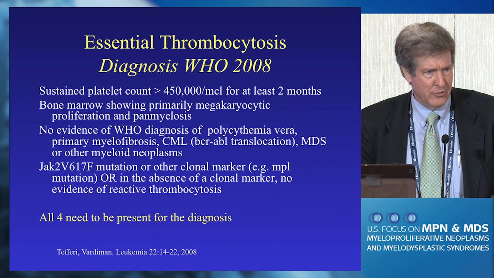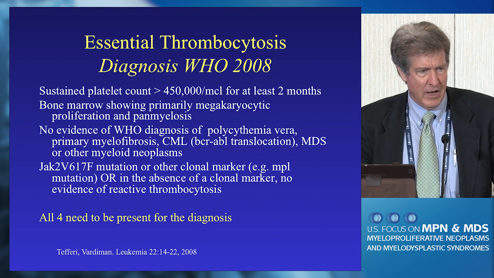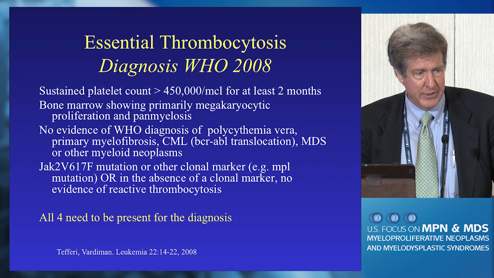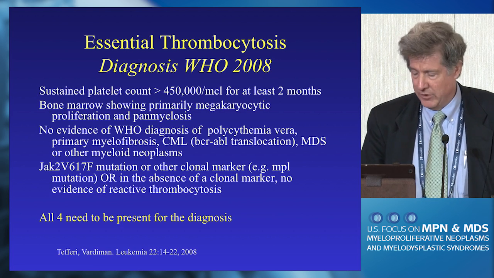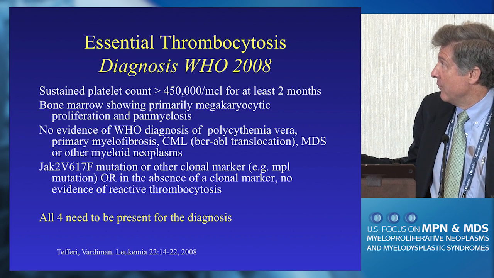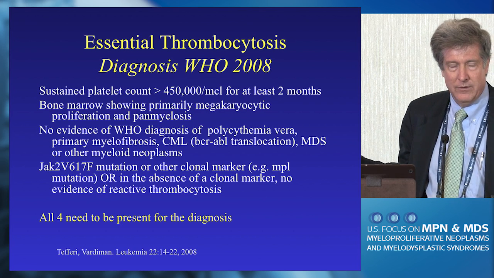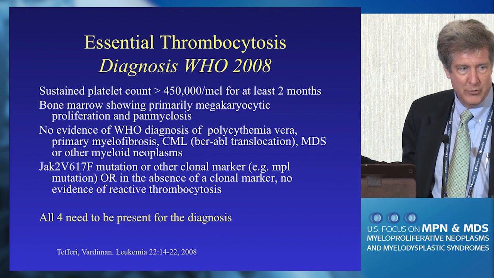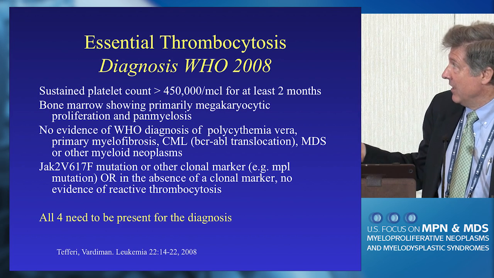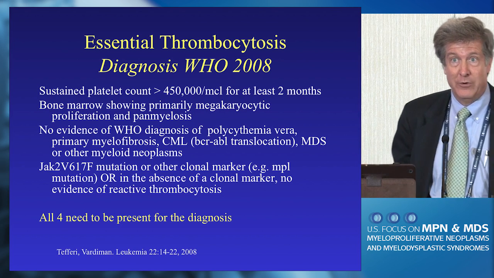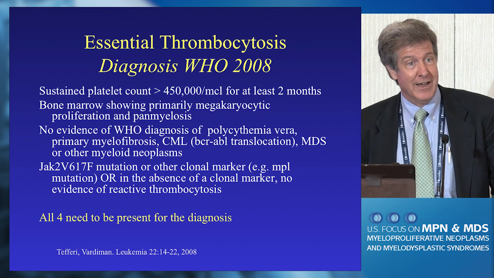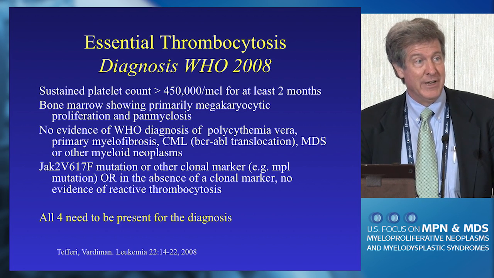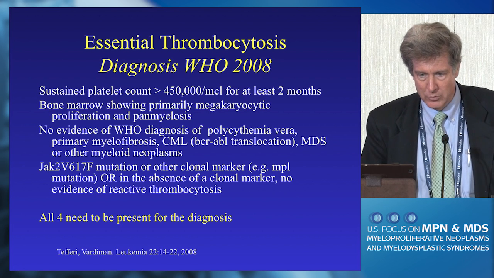Moving on to essential thrombocytosis, the WHO diagnostic criteria from 2008 included a platelet count greater than 450,000, and some of you may remember that the 2001 diagnostic criteria were 600,000. So this, again, is retaining the former threshold.